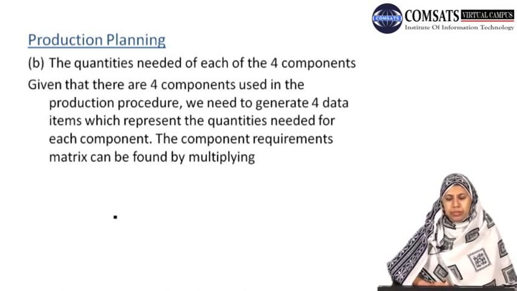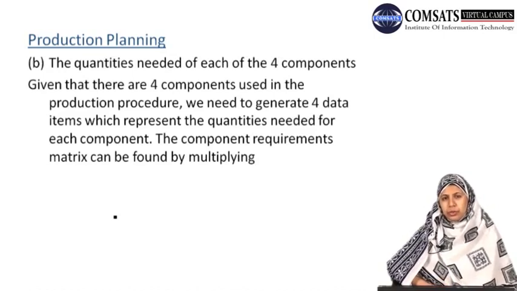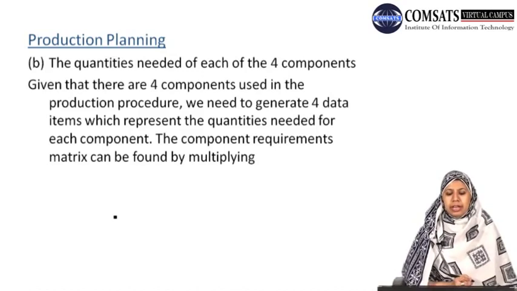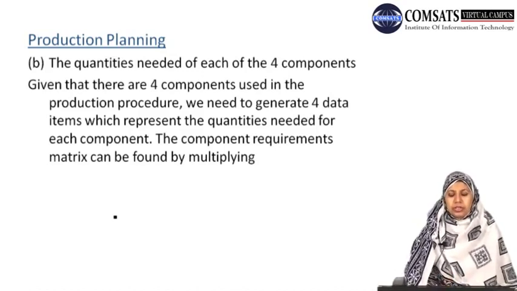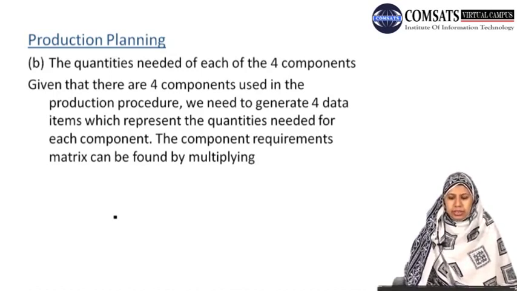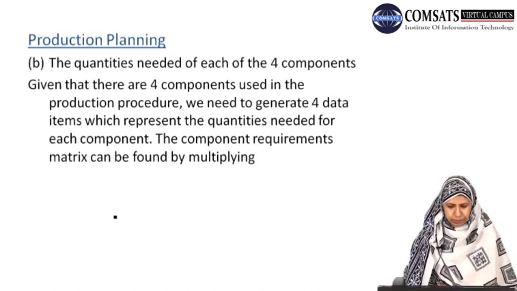That is, how many units of component 1 are required to manufacture product 1, how many units of component 2 are required to manufacture product 2, and so on. We are given that there are 4 components used in the production procedure, and we need to generate 4 data items which represent the quantities needed for each component.